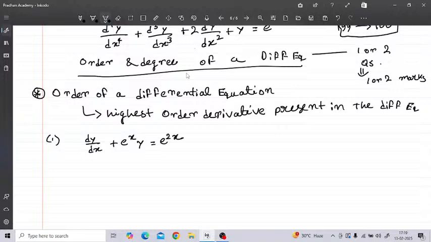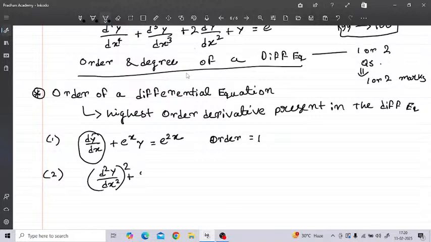Here we can see that only first order derivative is involved, so our order will be 1. In second, there is d2y/dx2 plus, suppose it's square plus 2 and its whole square is equals to dy/dx plus d3y/dx3.